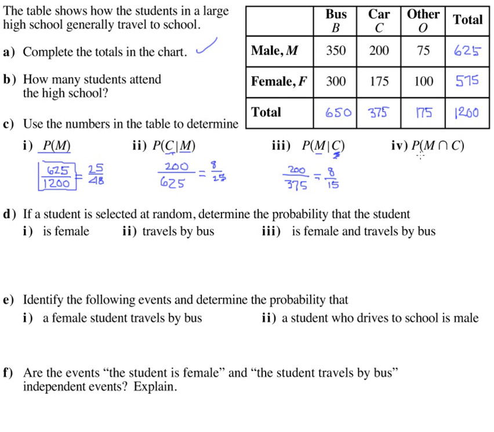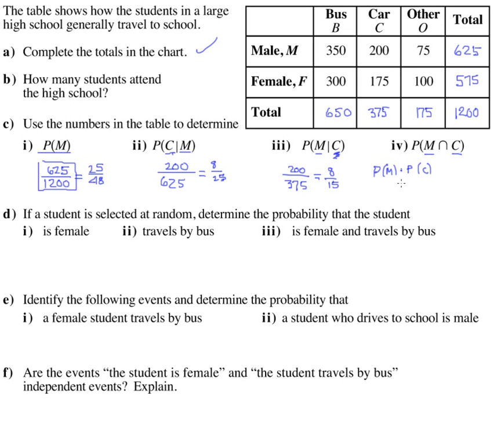And finally, what's the probability that a student is male and takes a car to school? Here's the wrong way to do this. The probability of male times probability they're a car rider. You just find the probabilities of each of these and multiply them together.